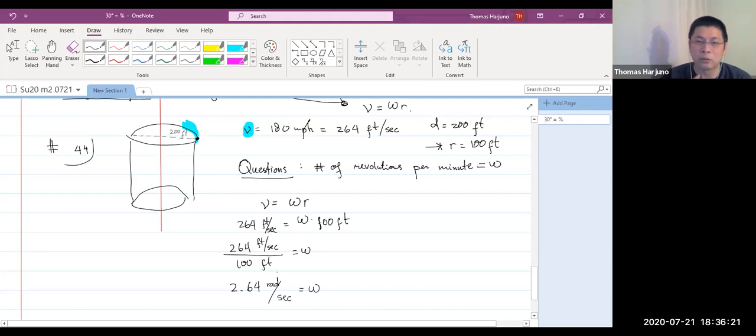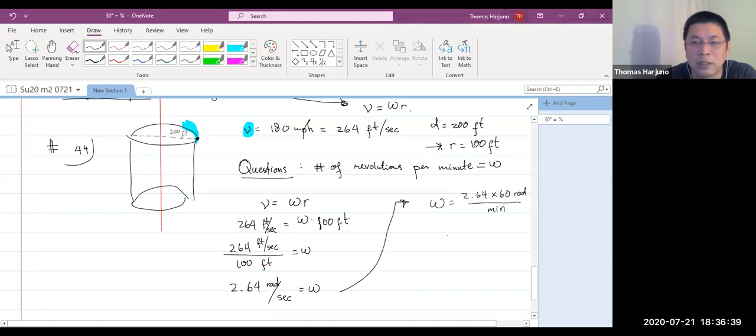Per minute, the omega will be 2.64 times 60 radians per minute, because 1 minute is 60 seconds, right? 2.64 times 60 is 158.4 radians per minute.